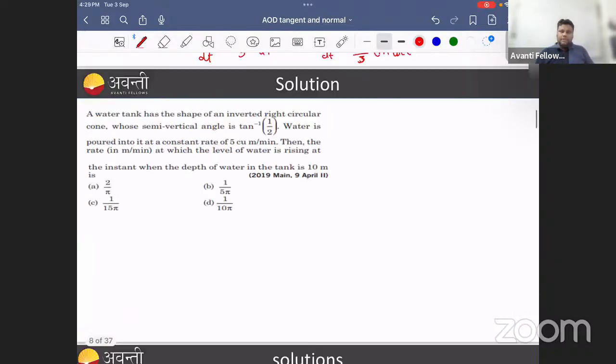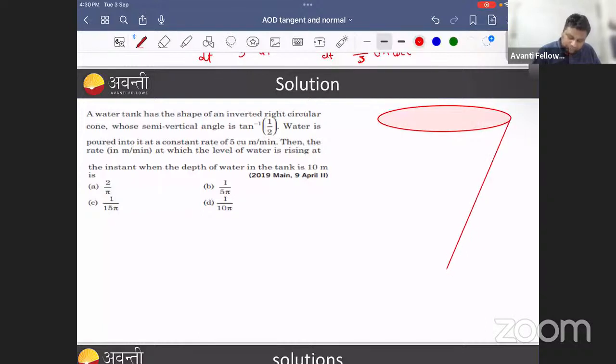Now see, that much time is enough. There is a water tank in the shape of an inverted right circular cone like this. Got it? Semi-vertical angle is this. So if this angle is theta, that means tan theta is 1 by 2.